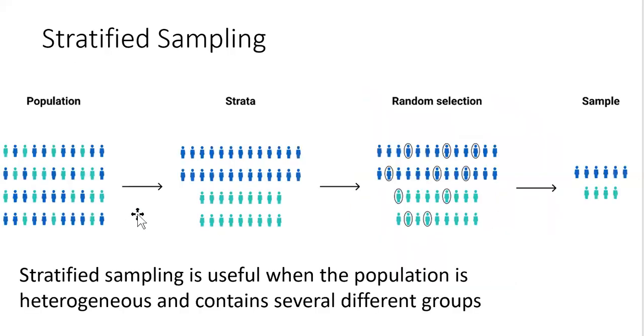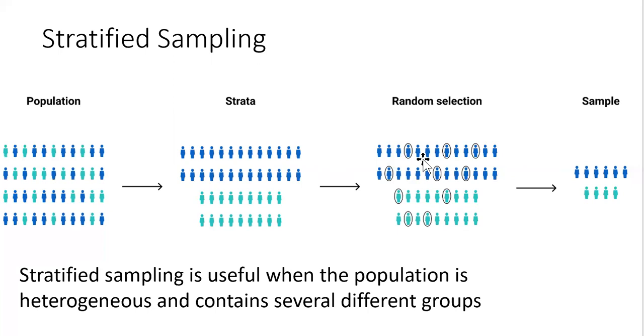So here's a picture that represents this sampling technique. We have a population which has, in this case, 2 different groups. We have blue and green. Each group is called a stratum, and together they are called strata. So we divide this population into those 2 groups, and then we select proportionally from each group.